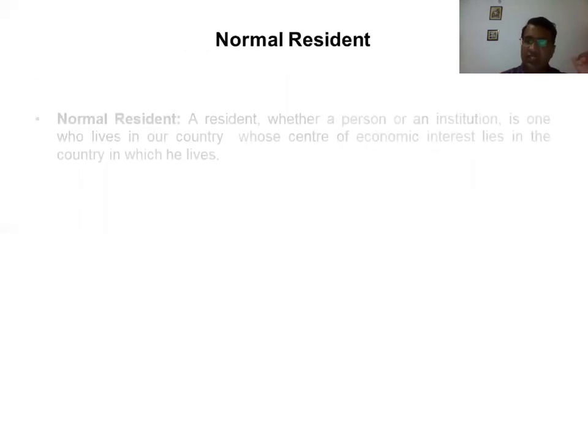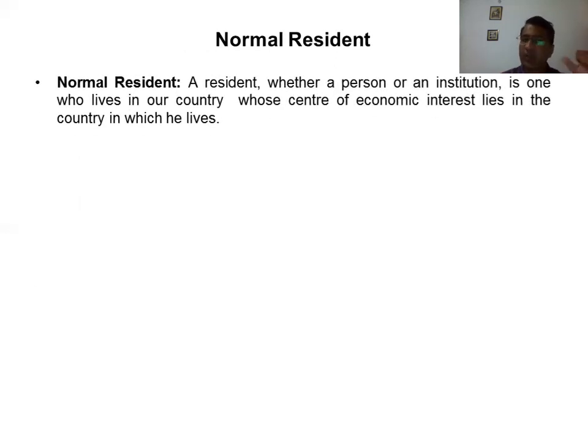Against this, the second concept is the normal residence. The residence, whether a person or institution, means the persons who live in a country and whose economic interest lies in that country. The persons who live more than 1 year in a country and whose economic interest lies in that country are called normal residents of the country.